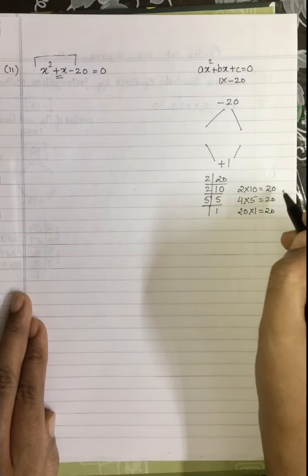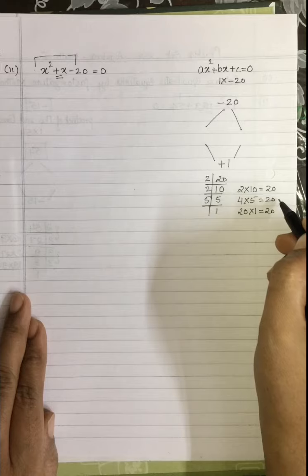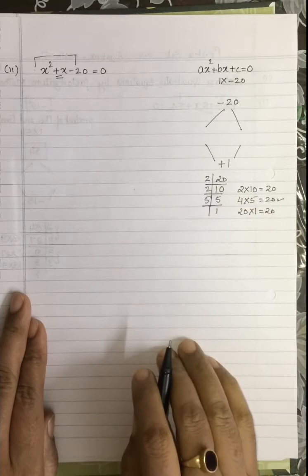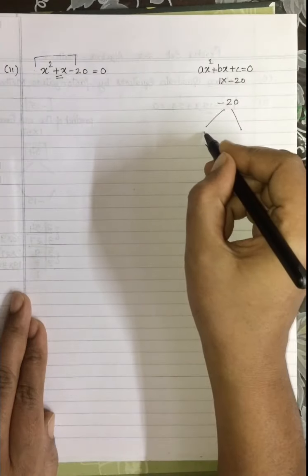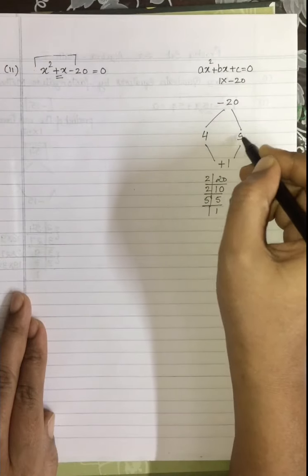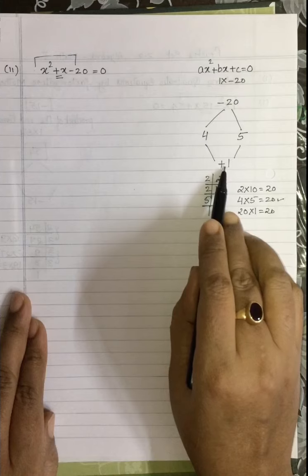That we have to see, children. If we see, the second pair is much more possible. So 5 and 4. Here, children, the answer when you add or subtract is a positive one.